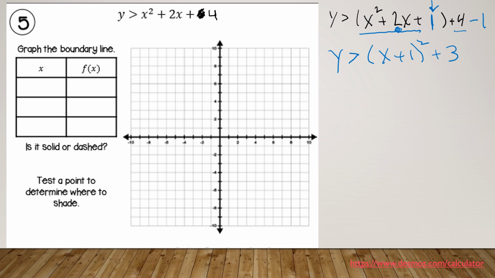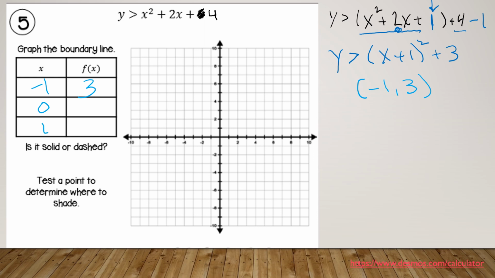And now we can identify our vertex by looking at our h and our k. So our vertex would be at negative 1, 3. And then I'm going to pick my 2 points to the right, so I have 0 and 1.